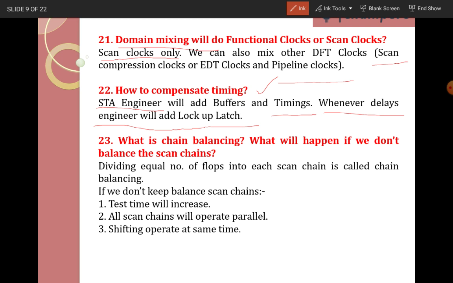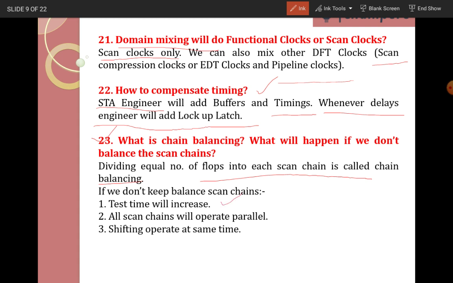Next, what is chain balancing? What will happen if we don't balance the scan chains? It is a very important question. Dividing an equal number of flops in each chain is called chain balancing. Suppose we do not balance the scan chains, what will happen?